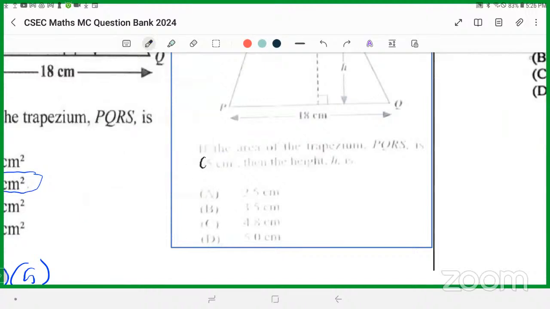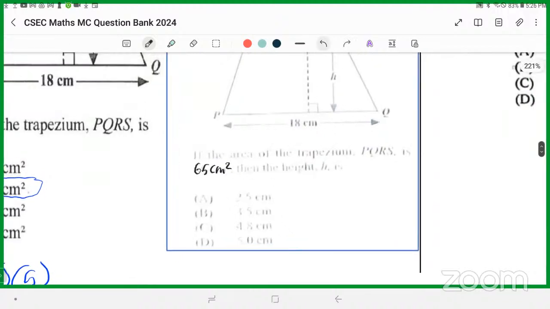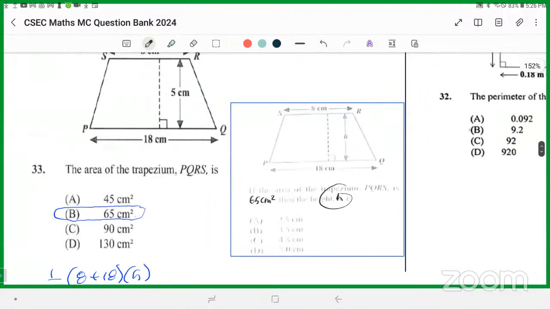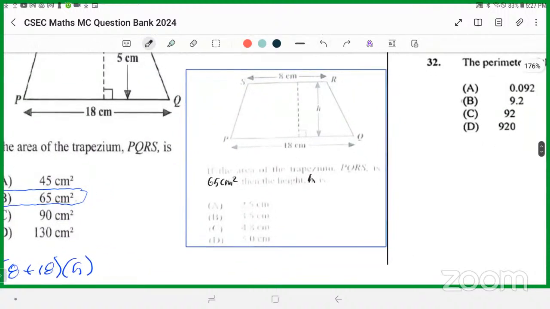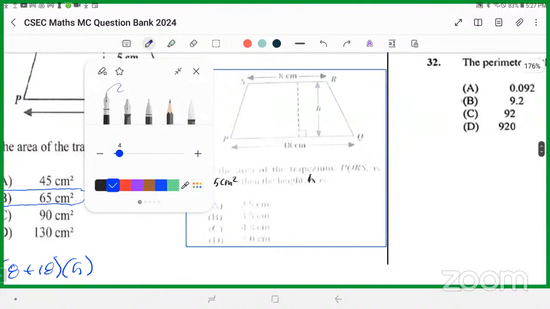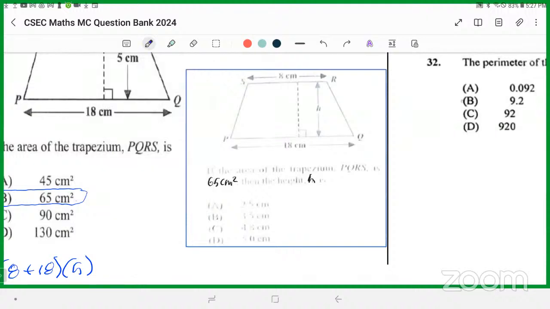They're telling us now the area is 65 centimeters squared, and they're asking us for the height. Because it's basically the same question, the height is going to be this 5, but they give us the area this time. In this case, because they might change the values, they don't have to give you 8 and 18 and 65, you still have to know how to work it out.